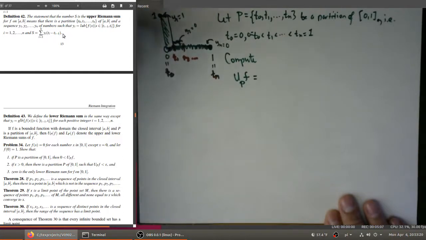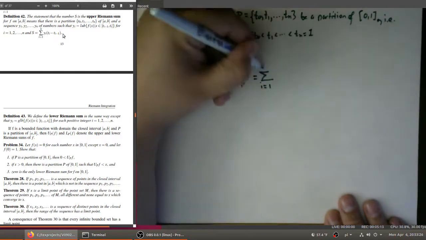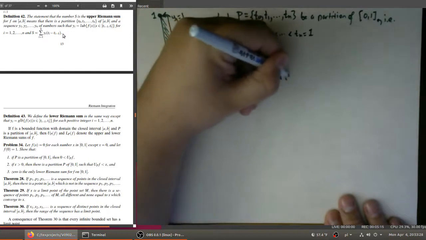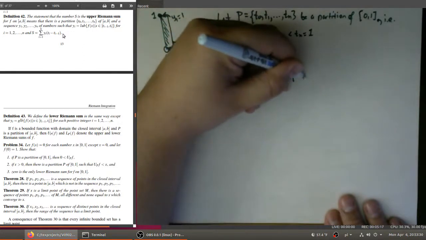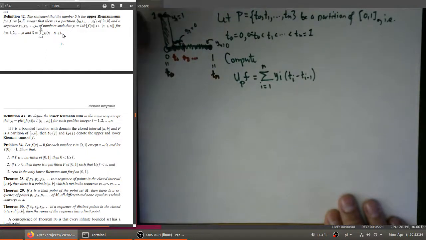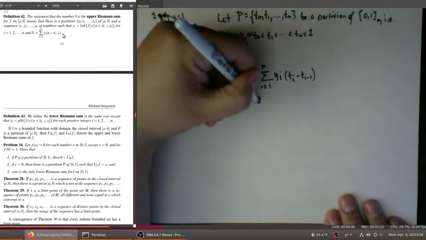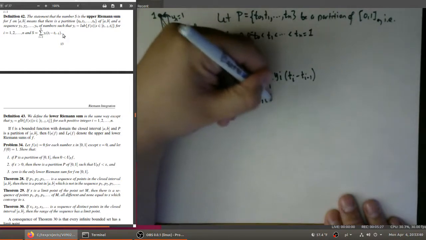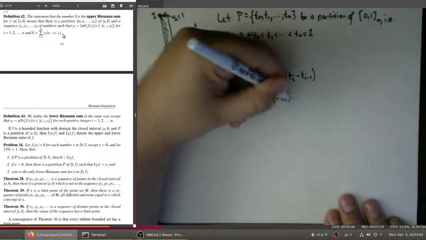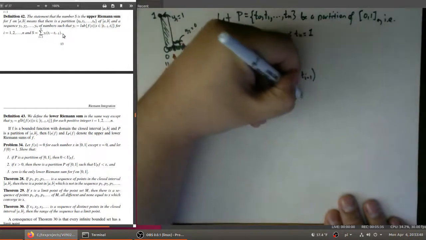That's what t_i minus t_{i-1} becomes. So this is the sum, by the definition, of y_i times (t_i minus t_{i-1}). Now, if i is 1, I get y1 times (t1 minus t0), plus, and then I'll have y2 and y3 and so on, but those are all 0, so I'm just going to write 0 there.